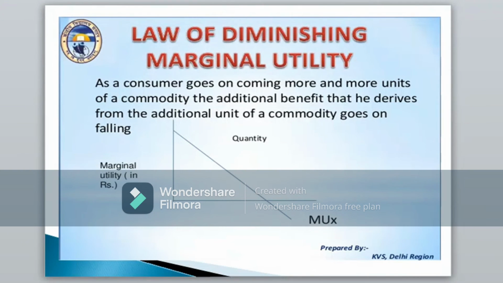If we look at the diagram and consider only the marginal utility, then we get a marginal utility curve which is negatively sloped, continuously decreasing, reaches 0 and goes negative. That means as the consumer goes on consuming more and more of a commodity, the additional benefit he derives from each additional unit goes on falling.